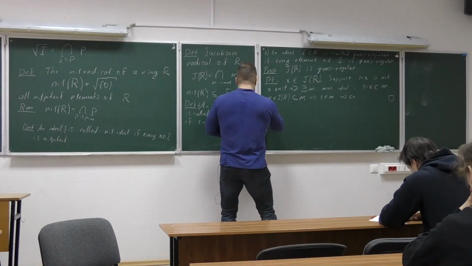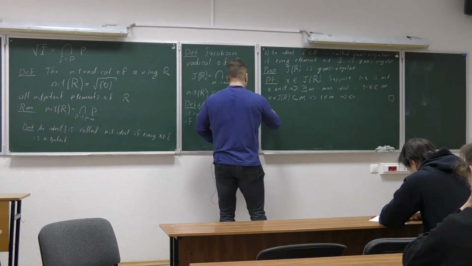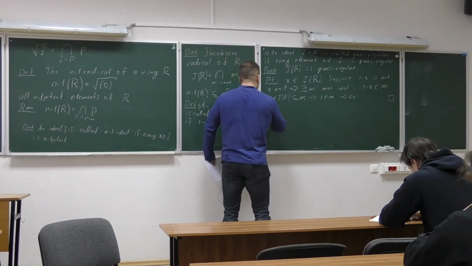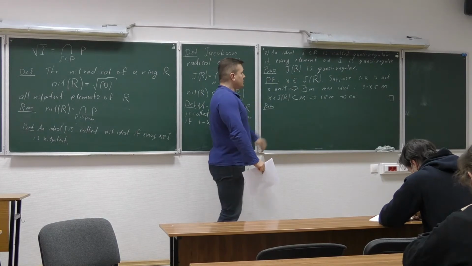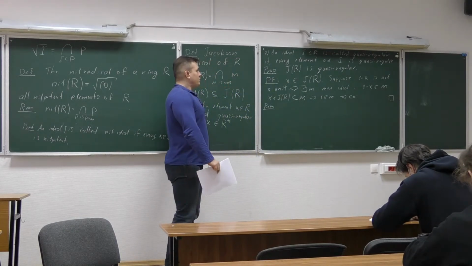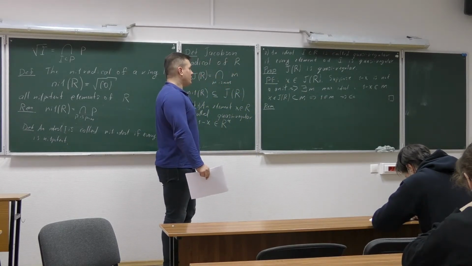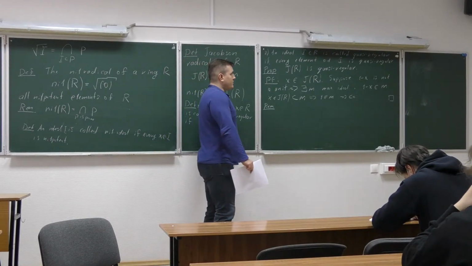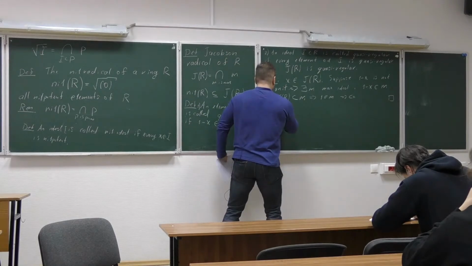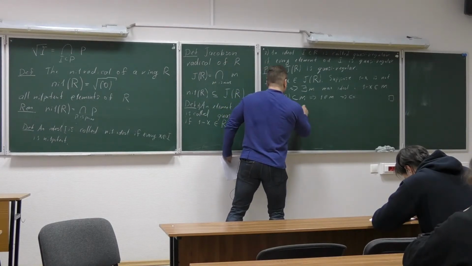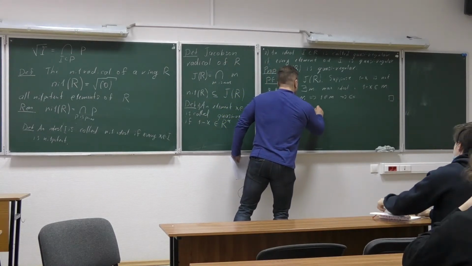Now, next property, and by the way, a remark: we now know that every element in the Jacobson radical is quasi-regular. Is it true in the other direction? Is it true that any quasi-regular element is in the Jacobson radical?